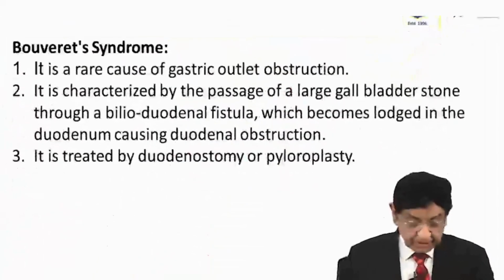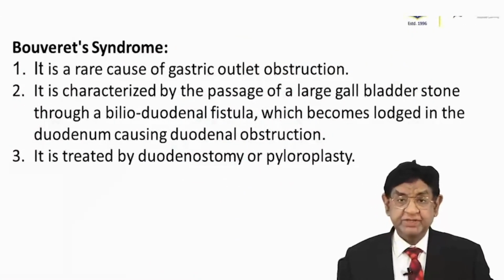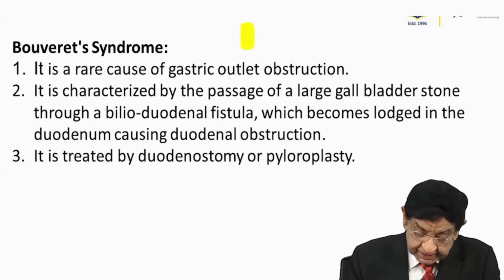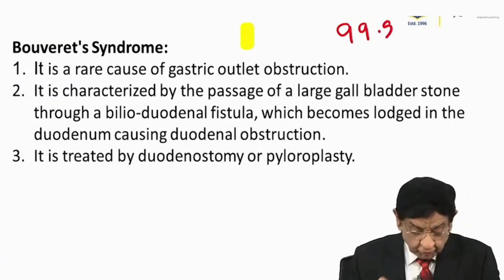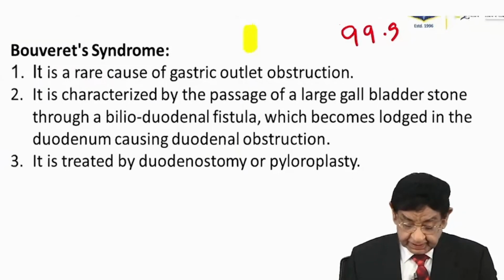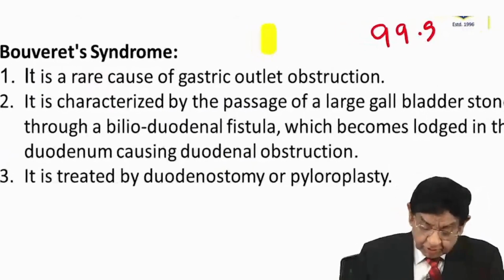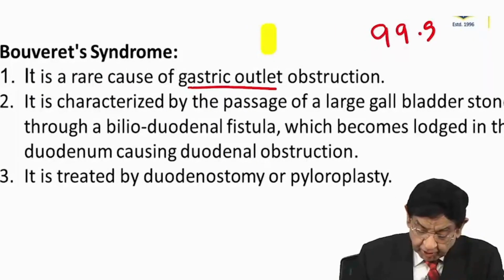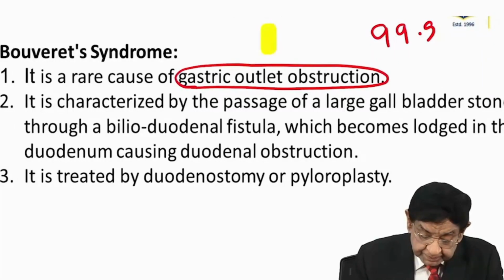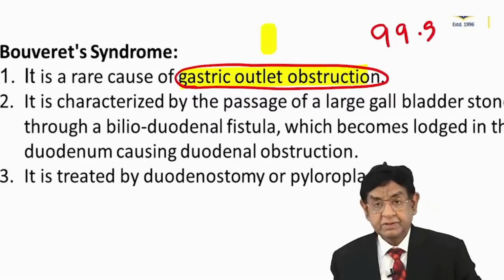Now, about something unique which 99.9% of students are not aware of, and these are rank number 1 getting questions. One is Bouveret syndrome. It causes gastric outlet obstruction. Keyword to remember. Right?